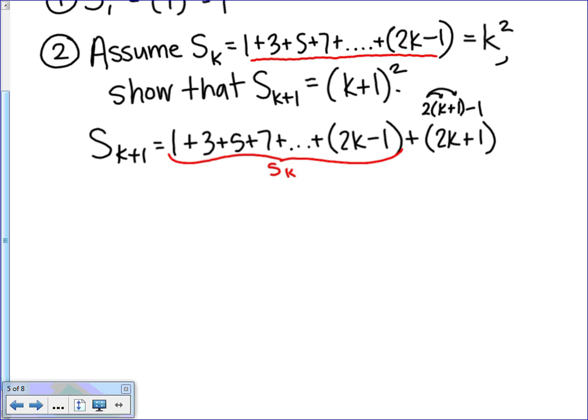And then this piece right over here is my a sub k plus 1. It's my extra term because I have to add the next term up. And I got the a sub k plus 1 term from this a sub k rule up here. I plugged in k plus 1 for k. And then I distributed, and then I combined my like terms.